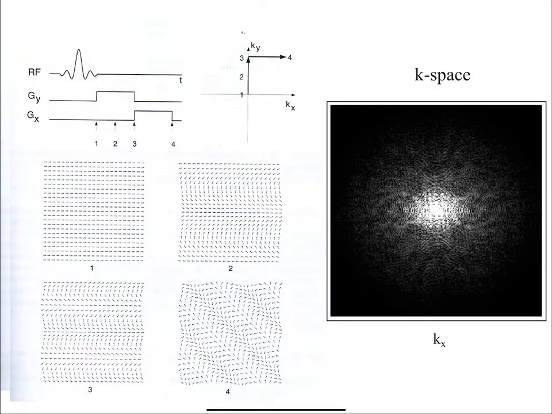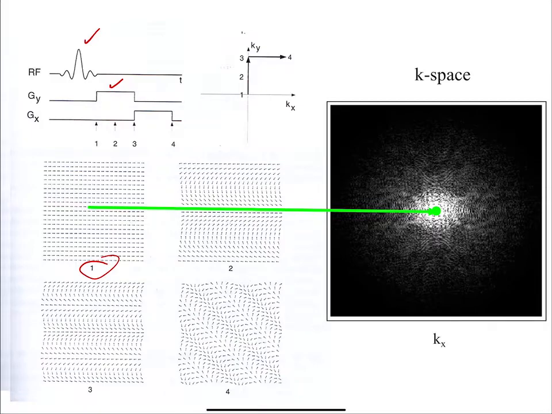This was an example we did last time. Basically we have the RF pulse, and after the RF pulse all the spins are in phase. So at time 1 we're in phase, and so we're at the center of k-space. Then we start playing this gy gradient, and that starts creating changes in the orientation of phases along the y direction.